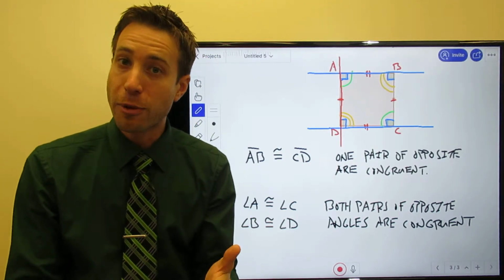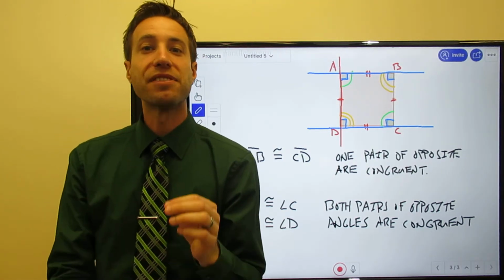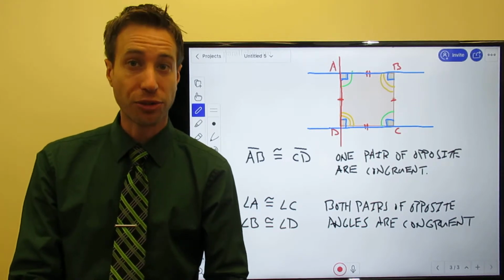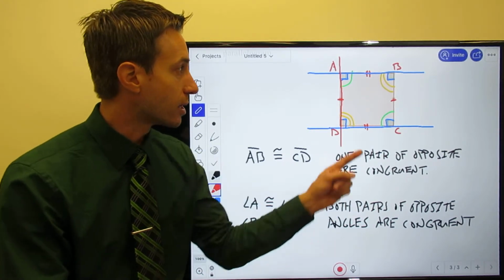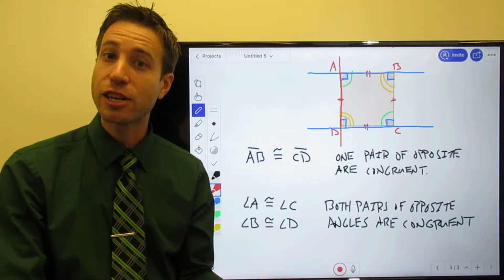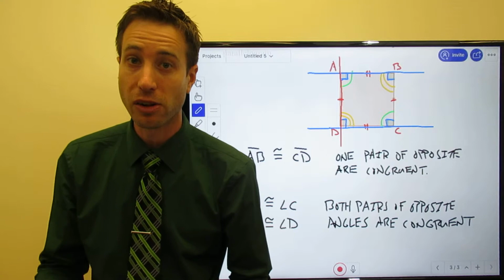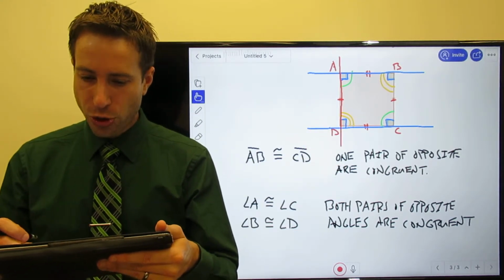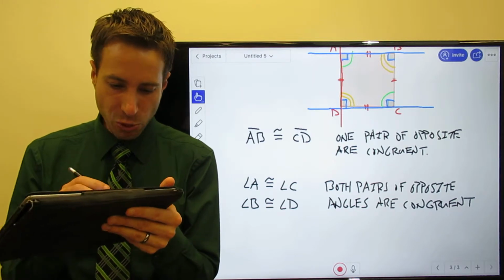How do I know they're parallel lines? Well, we have the same side interior angle theorem, which tells us the same side interior angles must sum to 180 degrees in order for the lines to be parallel. In this case, they do. So here's that third way I can prove this.